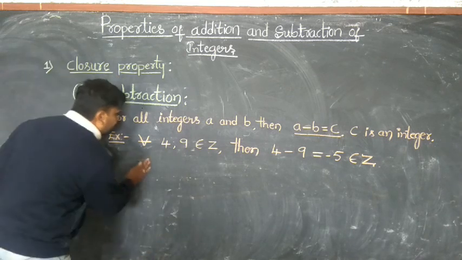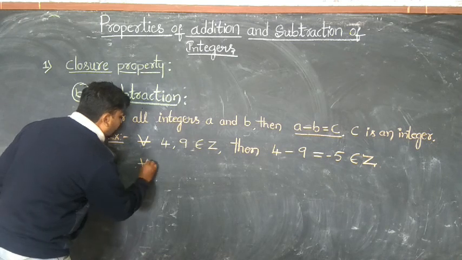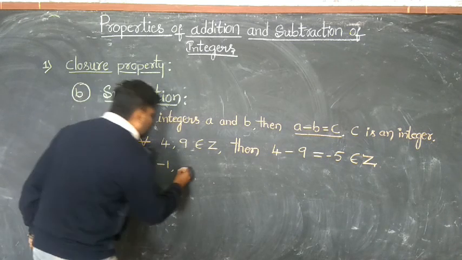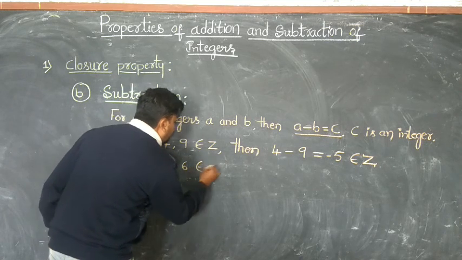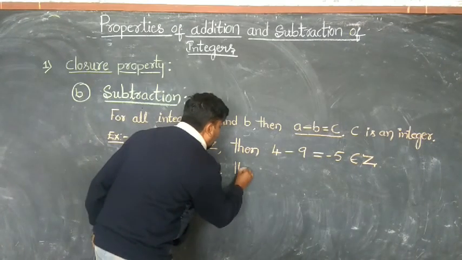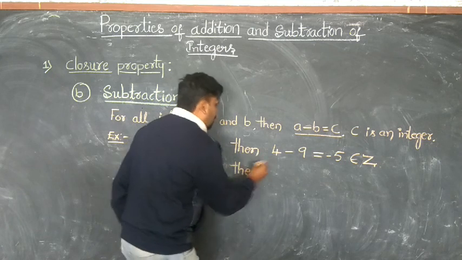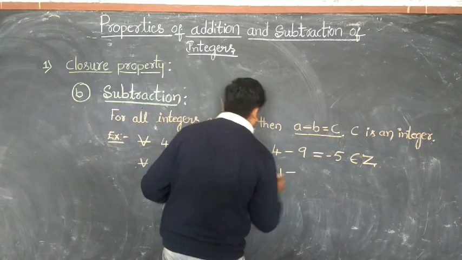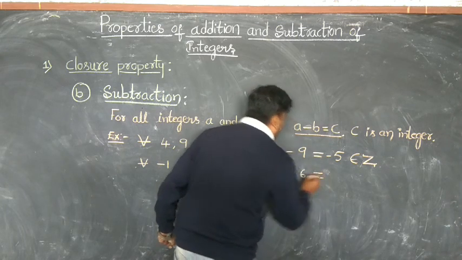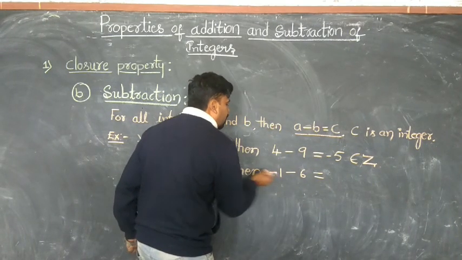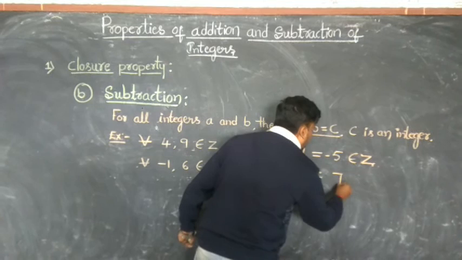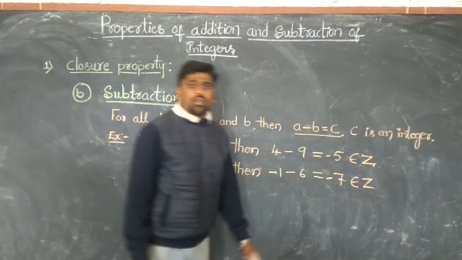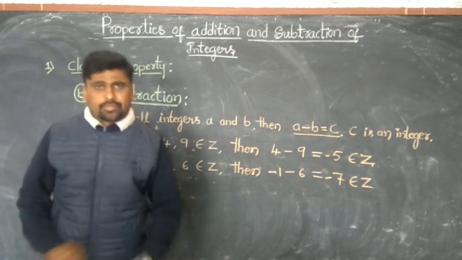Another example. For all minus 1 and next 6 belongs to Z. Then first one, minus 1 minus 6 is equal to minus minus, same symbol, addition. 6 plus 1 is 7, that is minus 7, again it also belongs to Z. Clear?